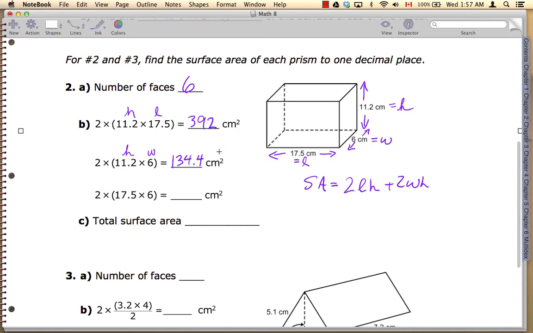And finally we have 17.5 times 6. So 17.5 times 6 gives you the area of the bottom, and of course the top is exactly the same. So that covers the last 2 faces.